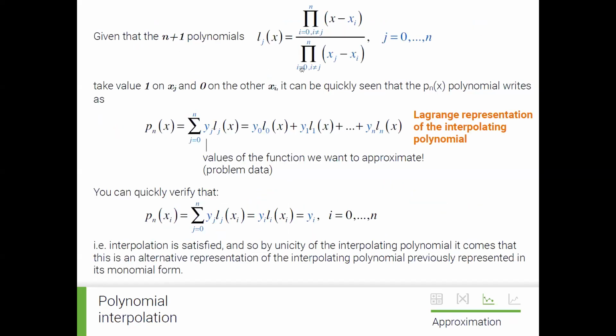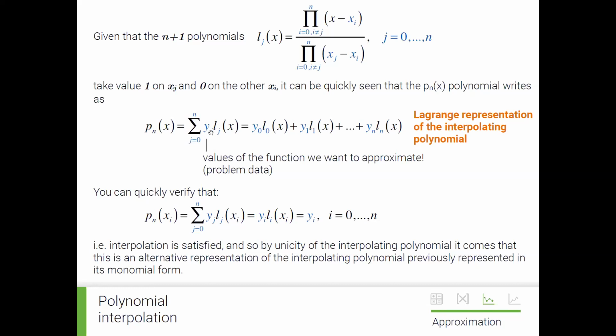Given that the fundamental Lagrange polynomial takes the value 1 on xj and 0 on the other xi, we can write this polynomial Pn of x in this form. Pn of x is the sum of yj Lj, which equals y0 L0 plus y1 L1, etc., plus yn Ln.